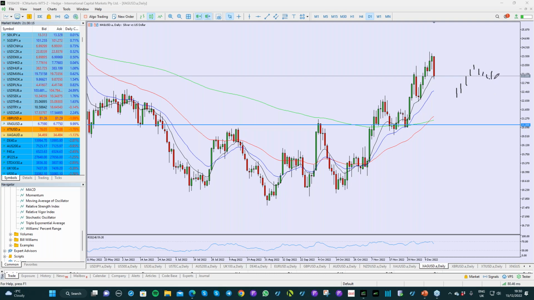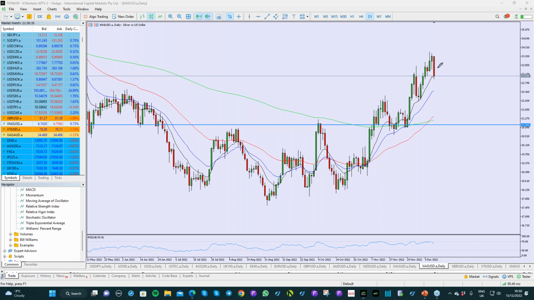Then I would be looking for a nice strong bullish candle in order to then perhaps take a long opportunity to the upside. So while I have been waiting for a pullback on silver, it's not particularly ideal to me that that has so far happened in all 1 candle.